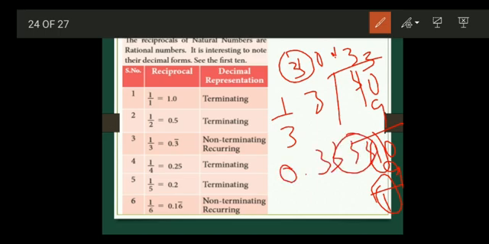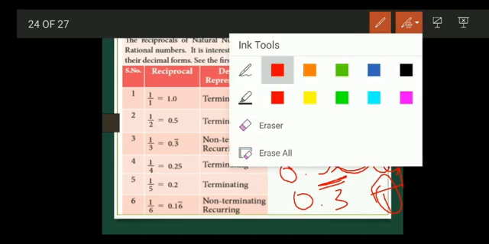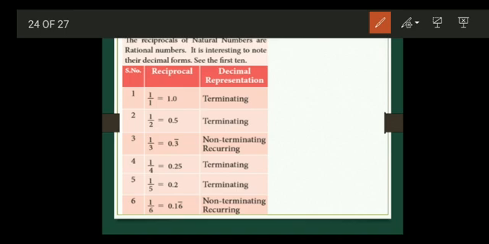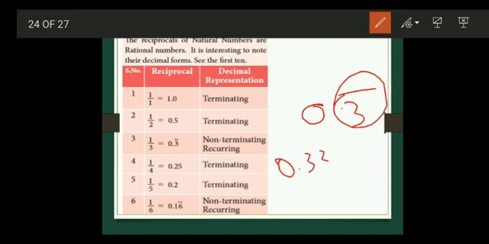Instead of writing 3333 again, we can write 0.3 and on top of the 3 write a line. That represents the non-terminating or recurring decimal places. If it is written like 0.3 bar, this means that this 3 is repeating infinitely.